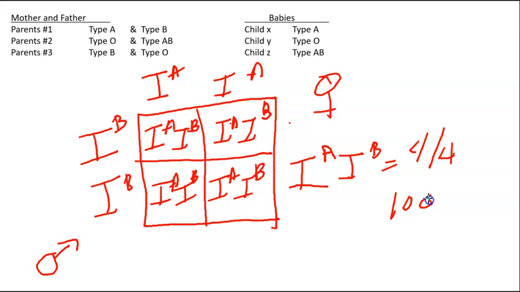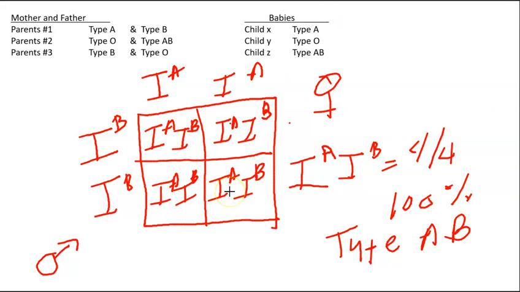Or 100% type AB. Okay, so that's something to consider. So definitely the first set of parents, they have the possibility of having type AB blood.